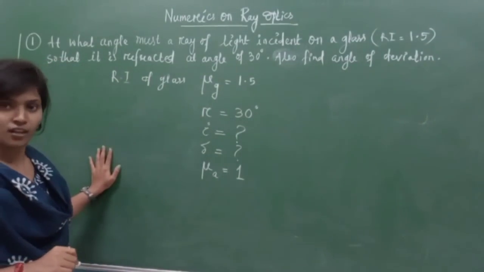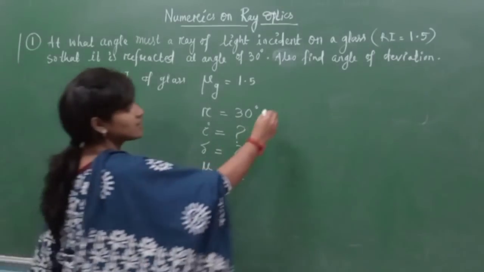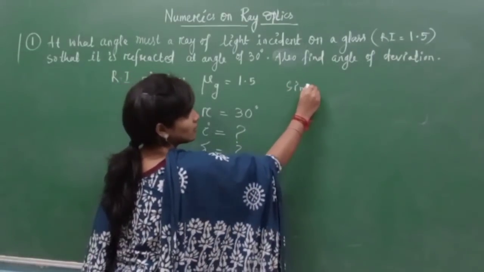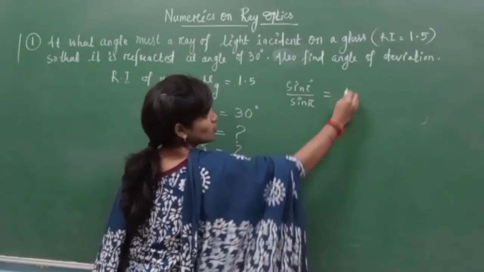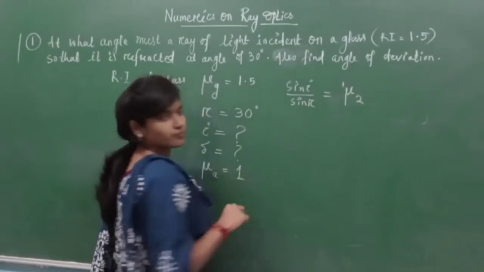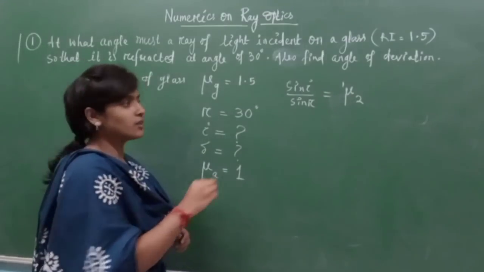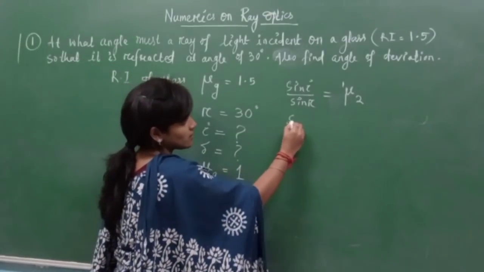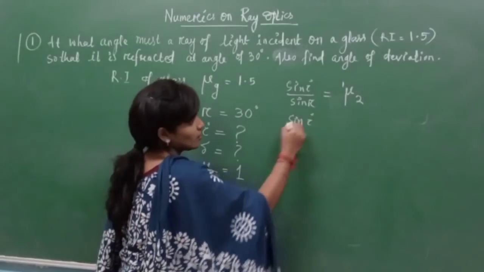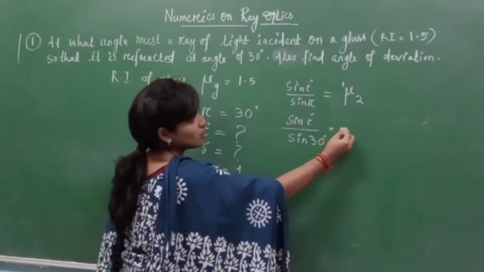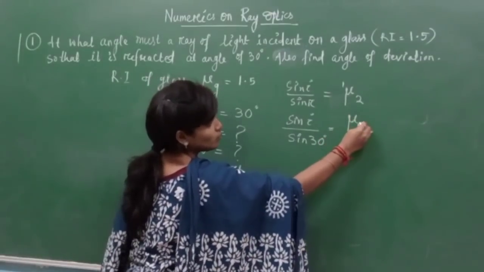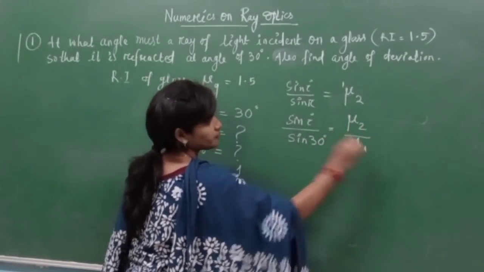So using Snell's law, we have sin I by sin r equals mu 1 2, or sin I by sin 30 degrees equals mu 2 by mu 1.